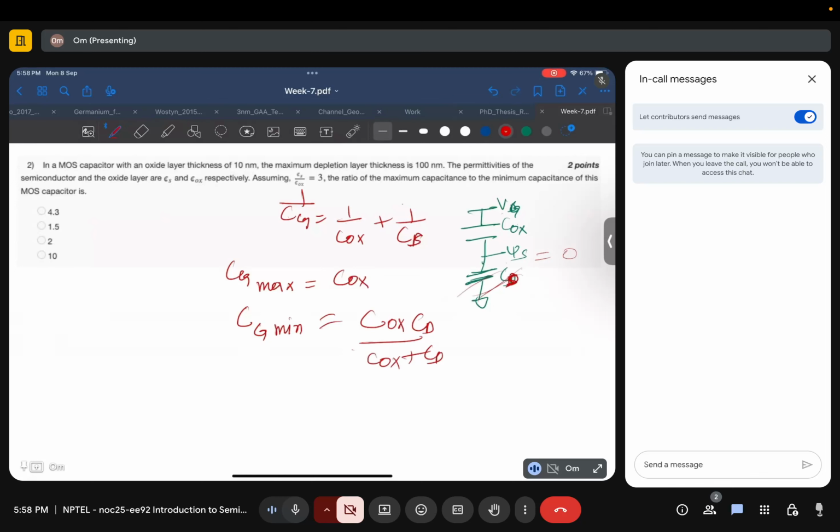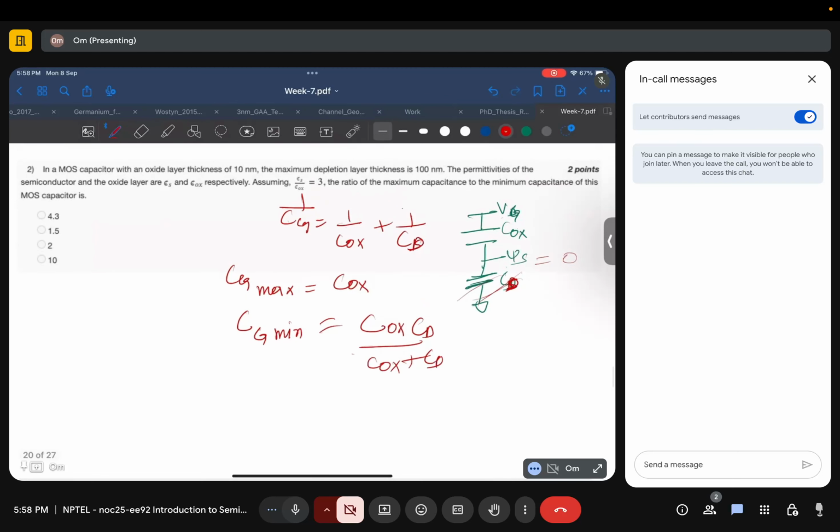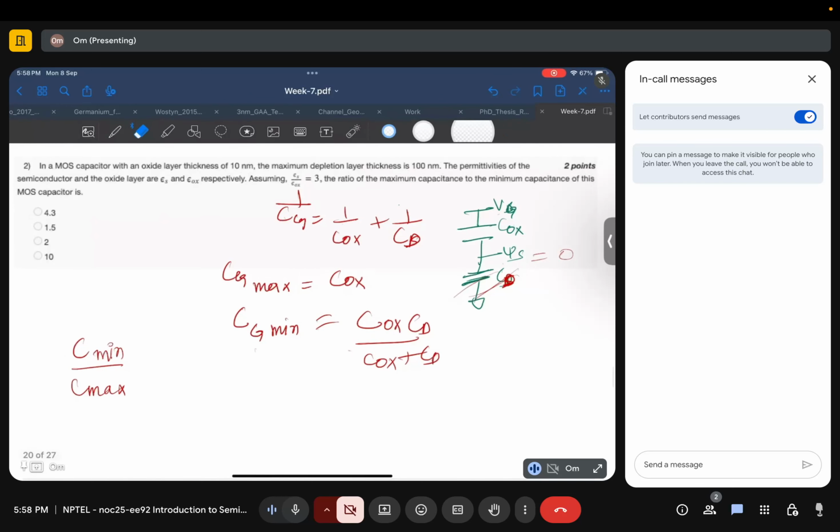Depletion only. So this is your minimum capacitance. So we have to find the ratio, sorry, you have to find Cmax by Cmin.